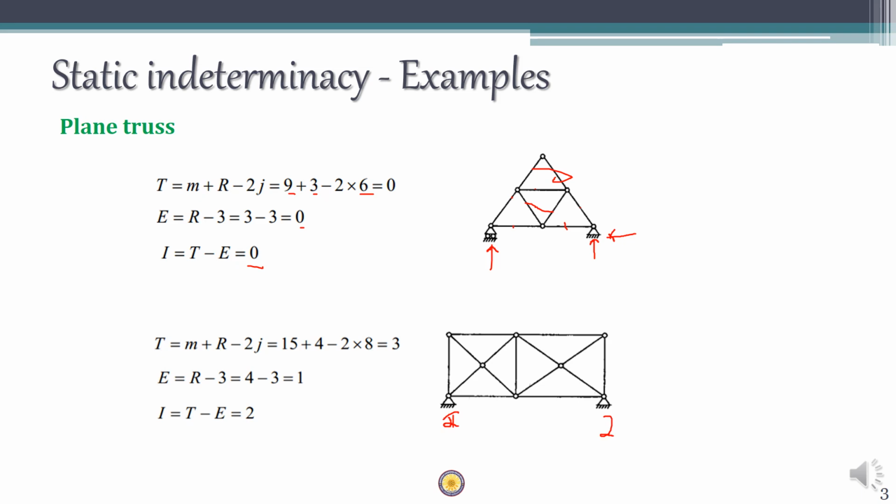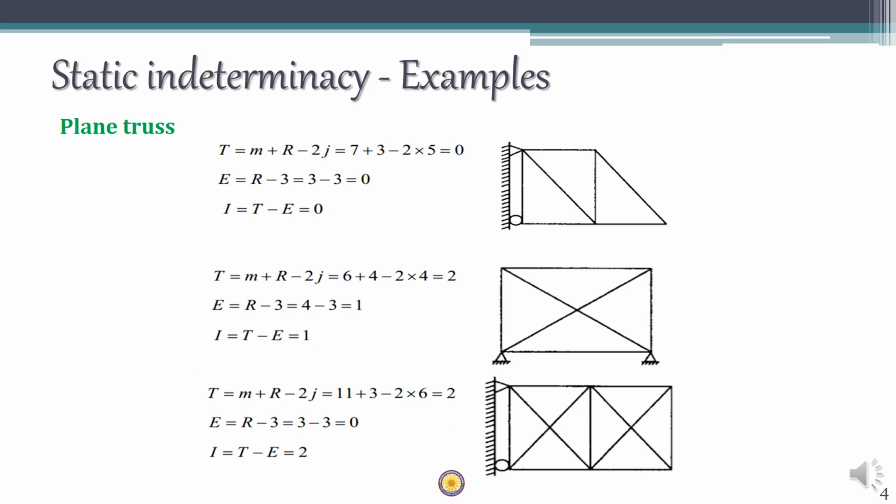The number of members is 1, 2, 3, 4, 5, 6, 7, 8, 9, 10, 11, 12, 13, 14, 15, and the number of joints is 1, 2, 3, 4, 5, 6, 7, 8. So 8 joints are there, 15 members are there, and the reactions are 4. R is equal to 4. Substituting in the equation, you get total indeterminacy is 3 and external indeterminacy is 1, which means 3 minus 1, 2, is the internal indeterminacy.